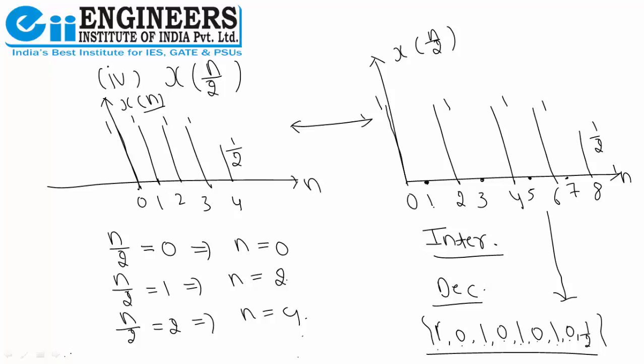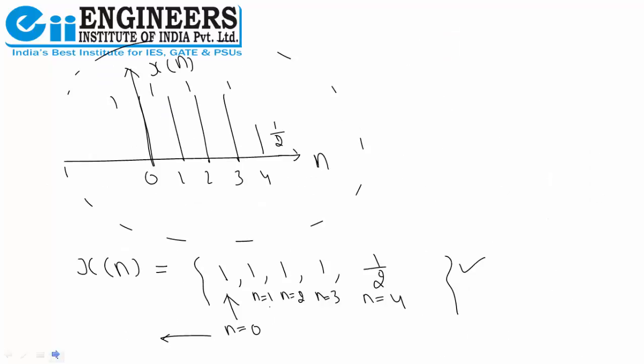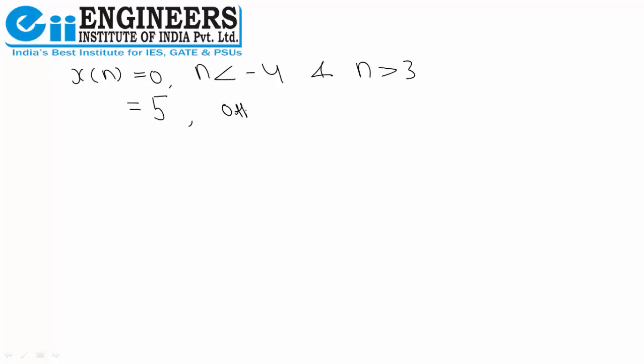Now if I come to the next question, suppose I take one example. Suppose my question is x[n] is equal to 0 for n less than minus 4 and n greater than 3, and for other values of n my x[n] value is 5.